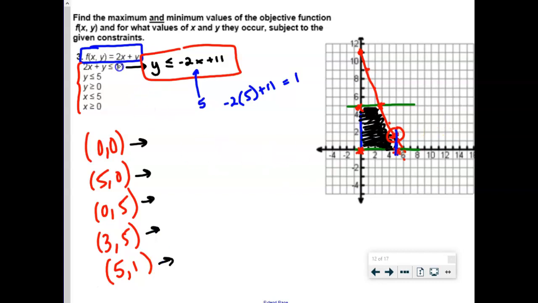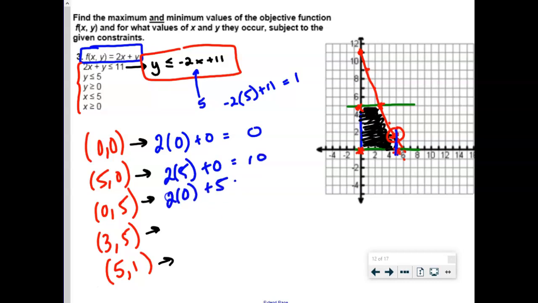And now we go and plug into the objective function. So 2 times 0 plus 0 gives me 0. 2 times 5 plus 0 gives me 10. 2 times 0 plus 5 gives me 5. 2 times 3 plus 5 gives me an 11.